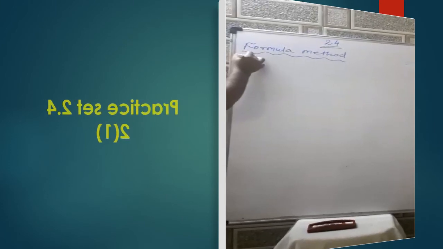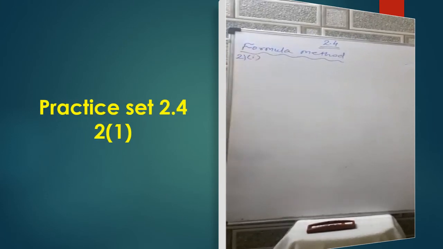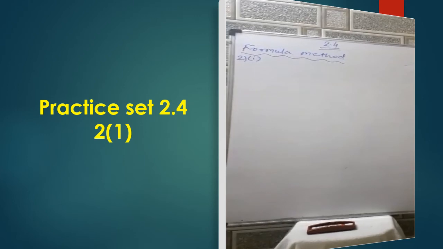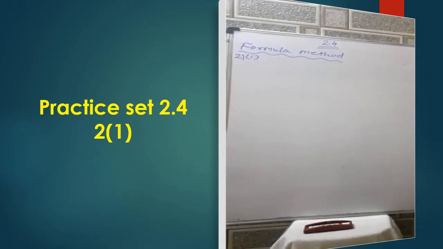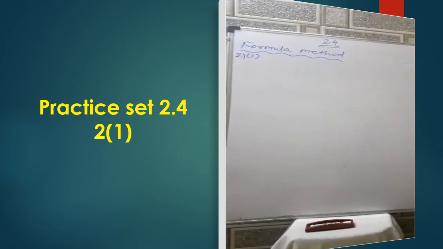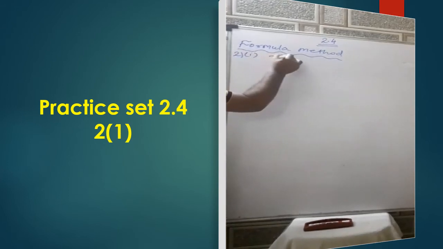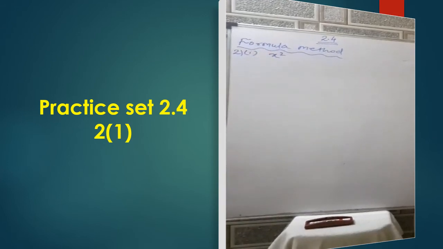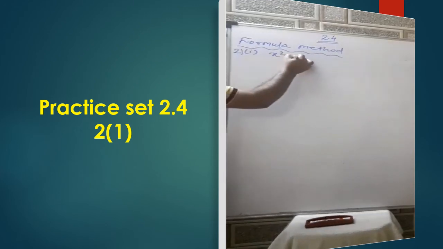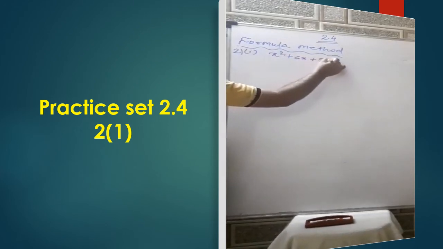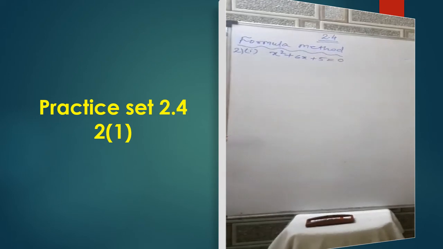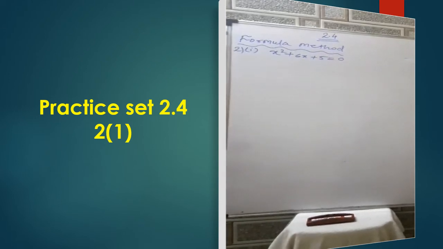In first one, solve using formula. Now we use formula method. How to use formula method? We start with the first one, x square plus 6x plus 5 equals to 0. So how to use formula method?